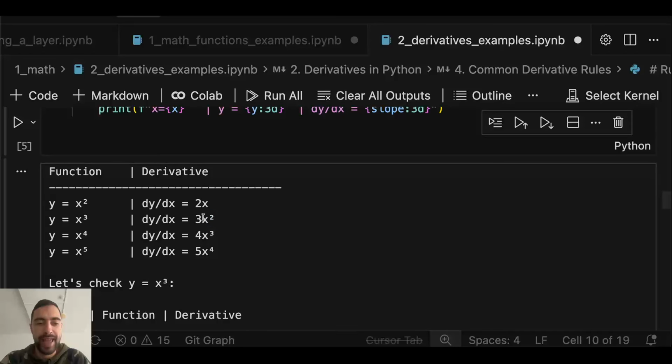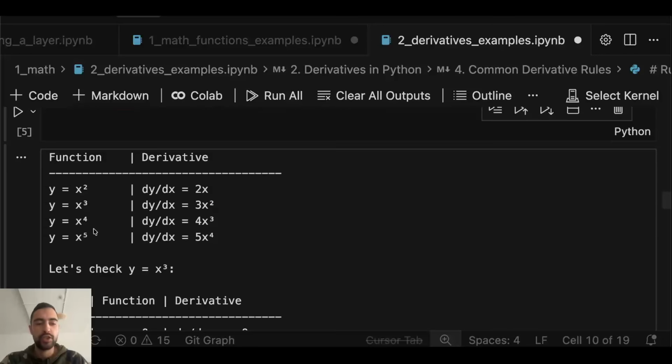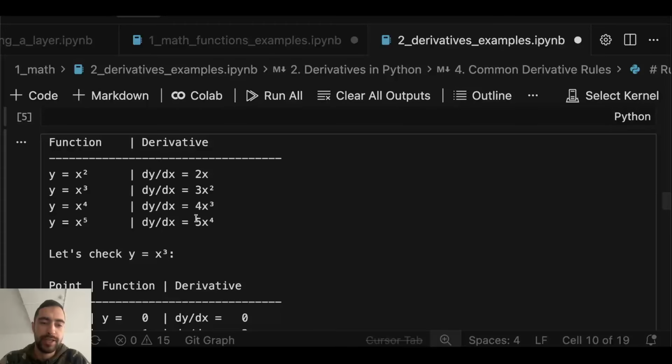You can see these examples: the derivative of x to the power 5 is going to be 5 times x to the power 4. You just subtract 1 here, so it's x to the power 4 times 5. And this 4 is not the whole thing, it's just x to the power 4.